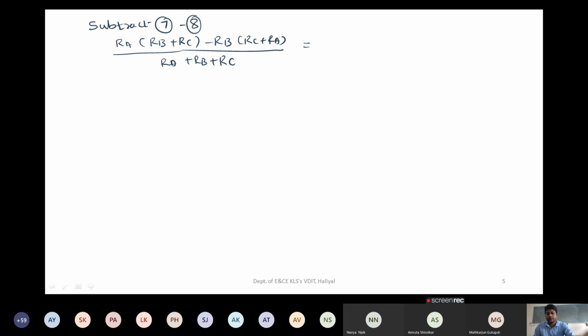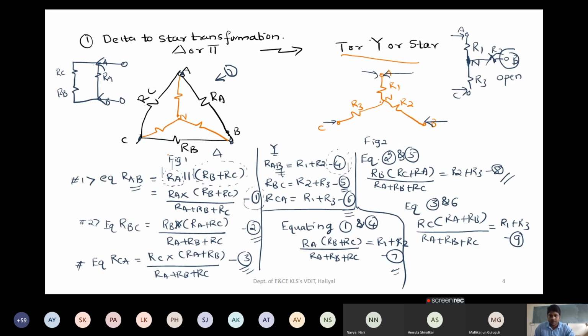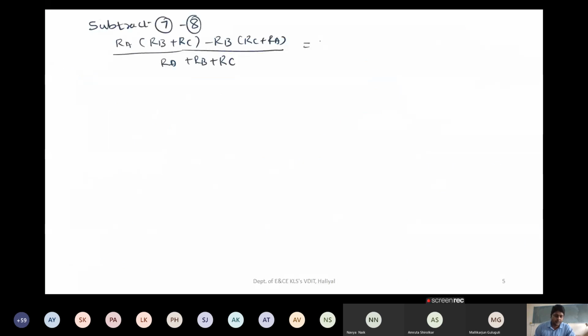You can see that in equation 7 we have R1 plus R2 minus R2 minus R3, so R2 and R2 will get cancelled out. So we will be left with only R1 minus R3. This I can call equation number 10.